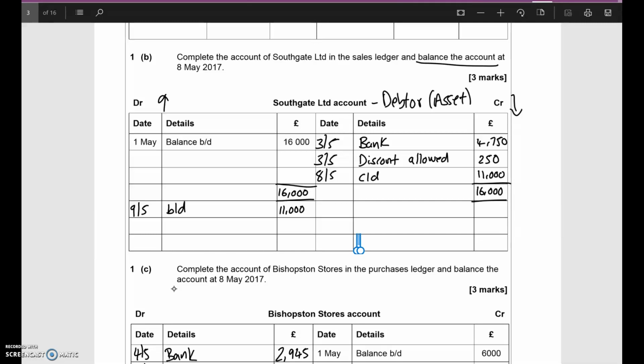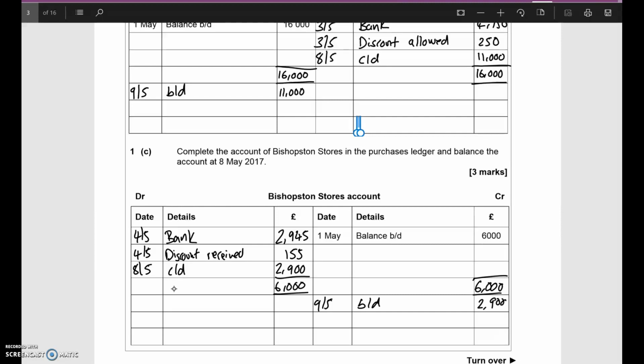Because this customer has paid you some money and you've allowed some discount, you have reduced your asset. In the same way, this is a liability account, because these are your creditors, and this side would increase your liability and this would decrease your liability. Because you have paid a certain amount and received a certain amount of discount, you have reduced your liability.